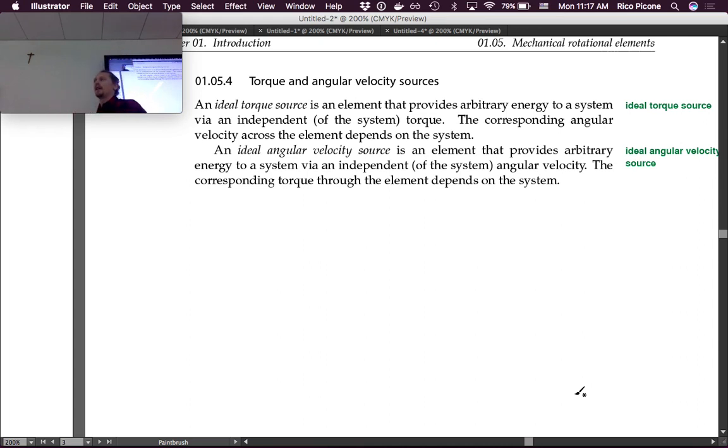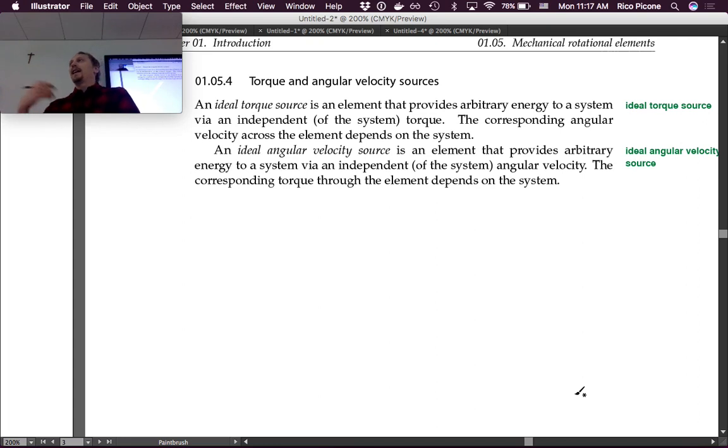Now, you can't buy these off the shelf either. Well, to a point, right? There are different uses of the term servo motor. Some people will refer to a motor that has a controller on it, where you can specify the speed of the motor, as a servo motor. And a servo motor in that sense is essentially an angular velocity source within some limit, right?